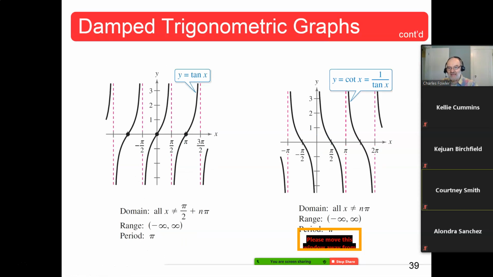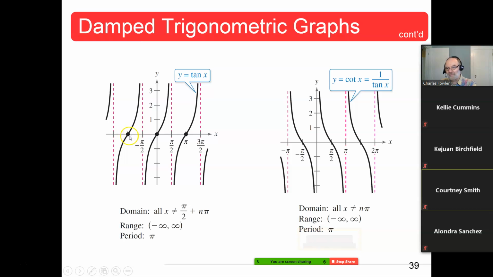Okay. Tangent function, everywhere that cosine had a 0, which was the half pi's, tangent has a vertical asymptote at every half pi. Draw them in there to begin with. Okay. They have zeros exactly in between those half pi's.